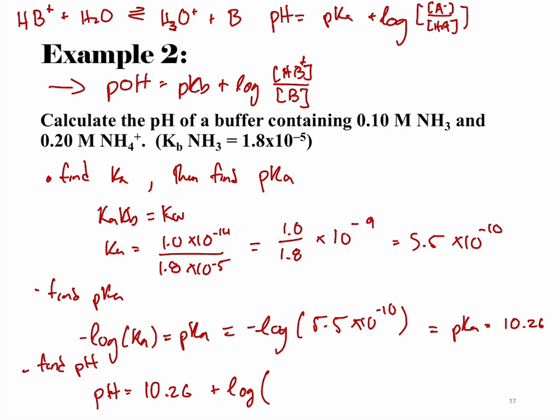It creates H3O plus, so that gives us where we place B and HB in this case. So we get 0.1 in the numerator and 0.2 in the denominator. So you get 10.26 plus parentheses logarithm 0.1 divided by 0.2.